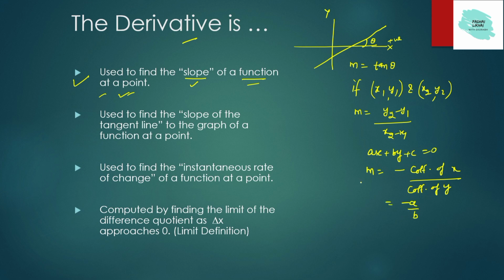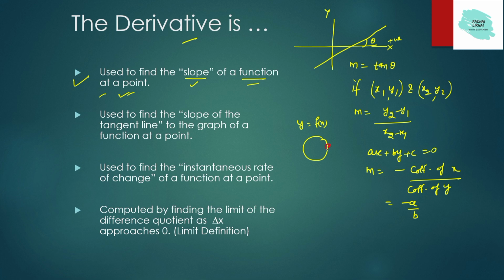Fine. But if any other function, like a circle, is given, then how do we find the slope for this function? For this, we will find the slope of the tangent at any point.